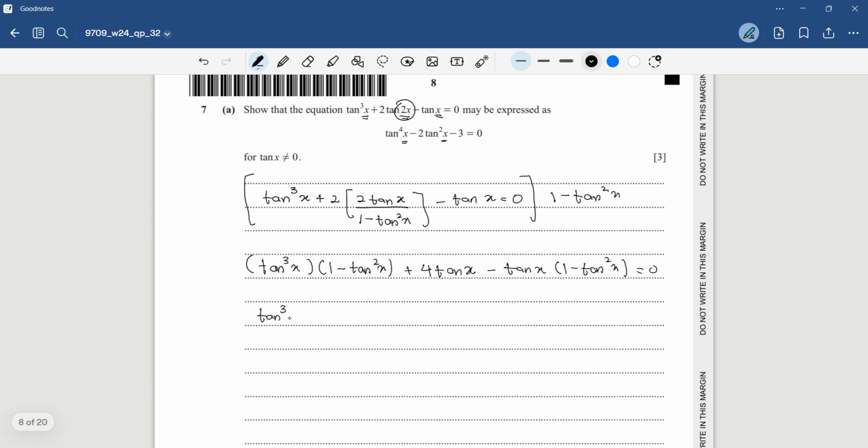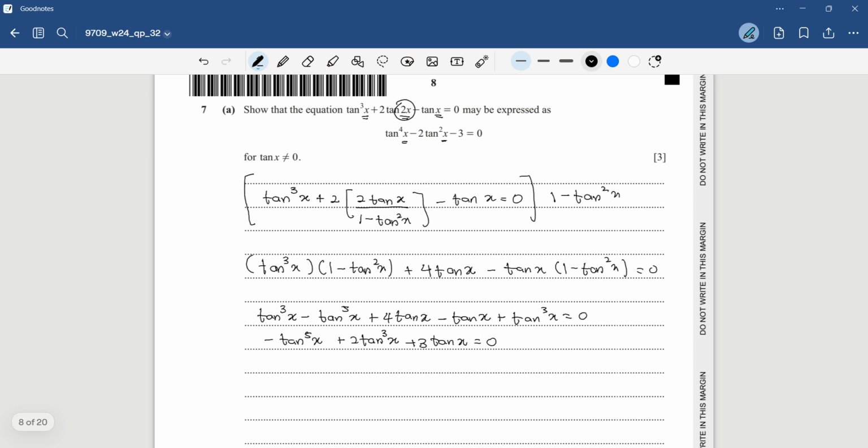So tangent cube x minus tangent power of 5 x plus 4 tangent x minus tangent x plus tangent cube x equal to 0. Okay, so negative tangent power of 5 x plus 2 tangent cube x plus 4 minus 1, so plus 3 tangent x equal to 0.